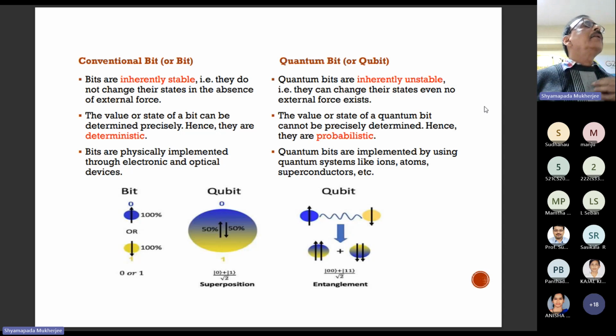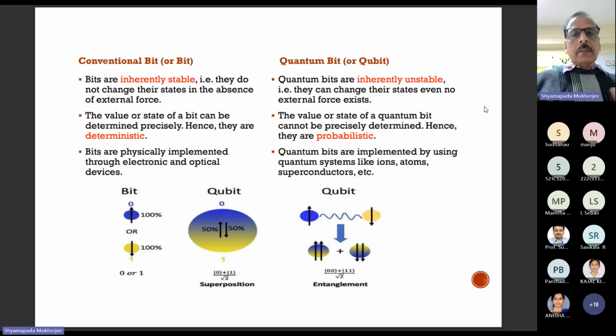The wave function is a function which depends on position as well as time. But what is its physical meaning? The wave function has no physical meaning, but mod psi square has a meaning. Mod psi square is the probability of finding me at a particular position x and time.